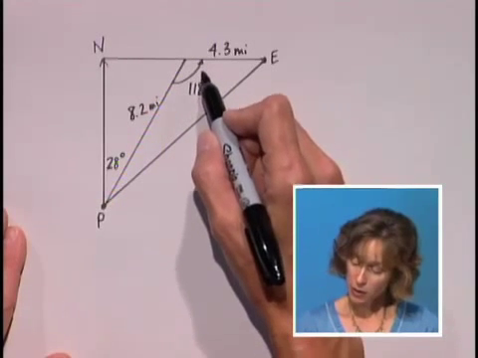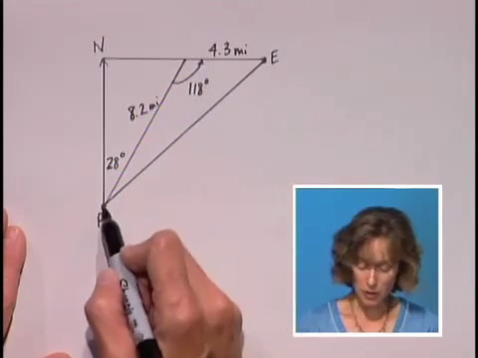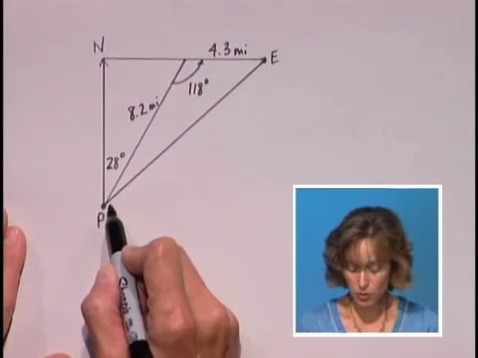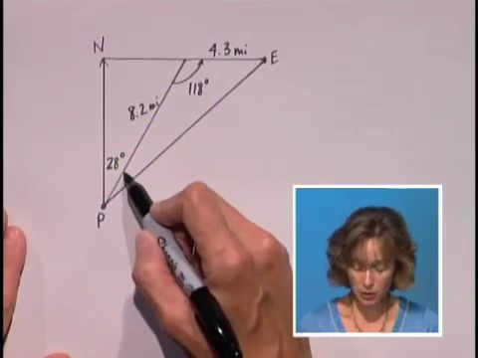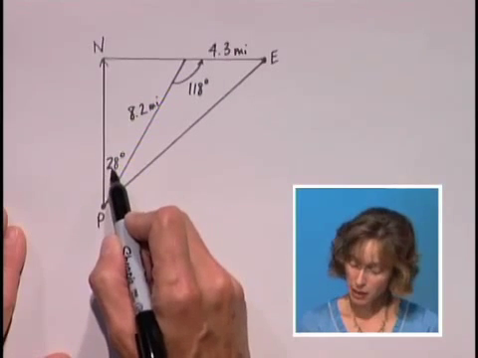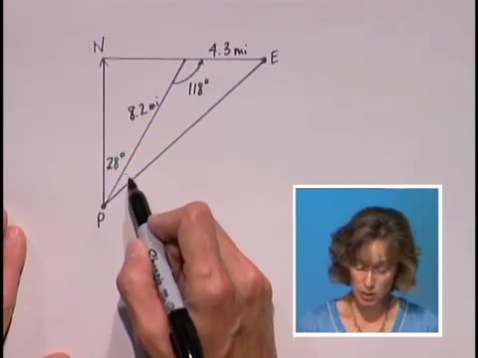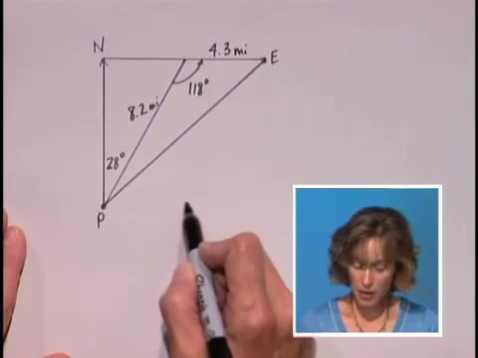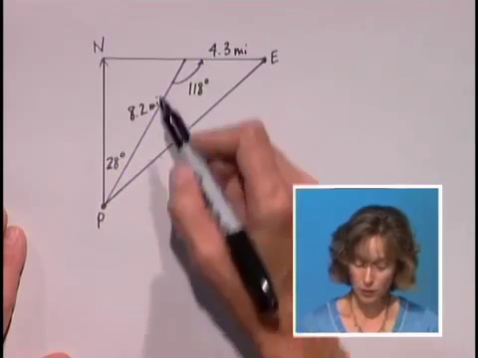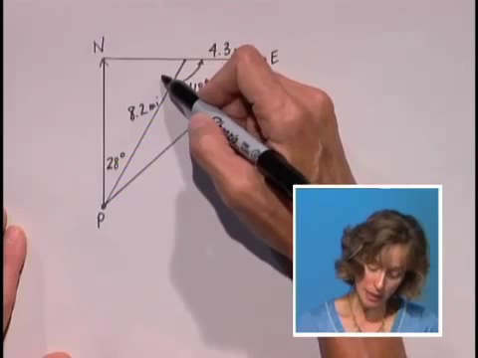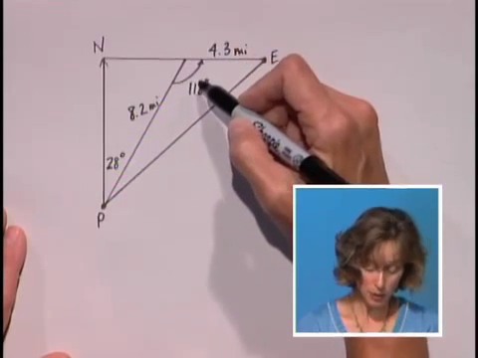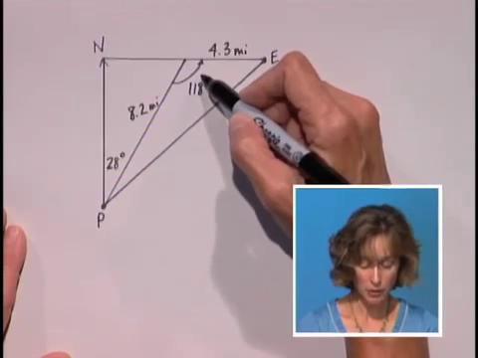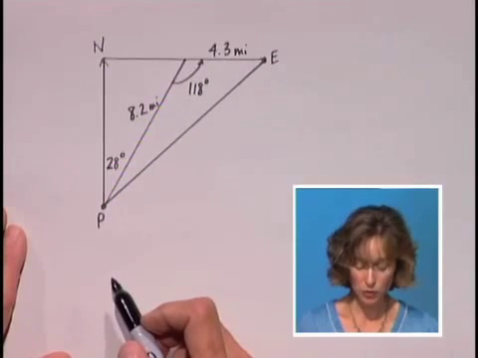The way that you get the 118 degrees is to realize that if you were to draw horizontal from P, the angle in here could be found by taking 90 minus 28, which is 62, and that angle would be exactly equal to this angle, which is 62, and that plus 118 would be 180, which is where the 118 comes from.